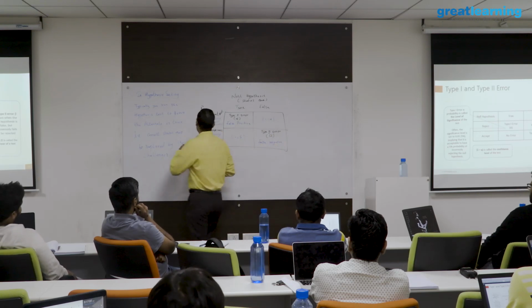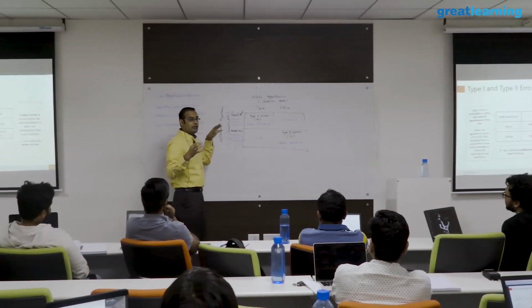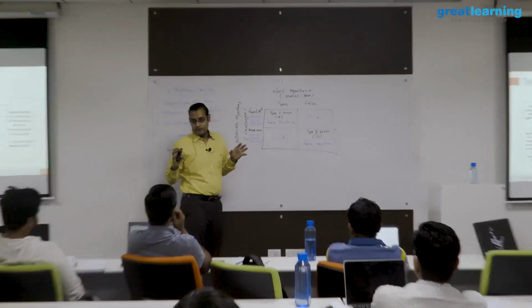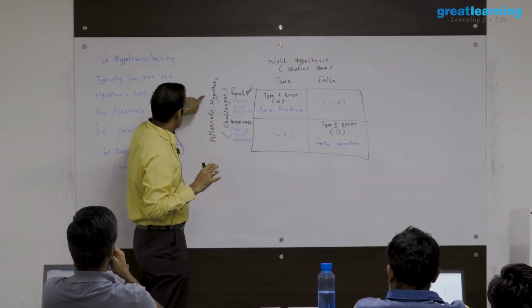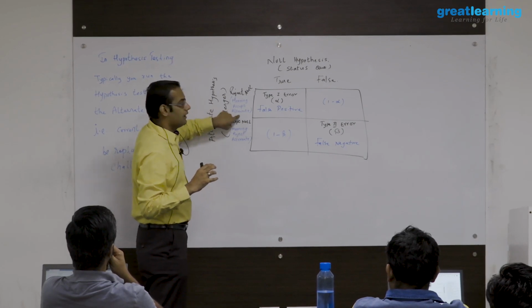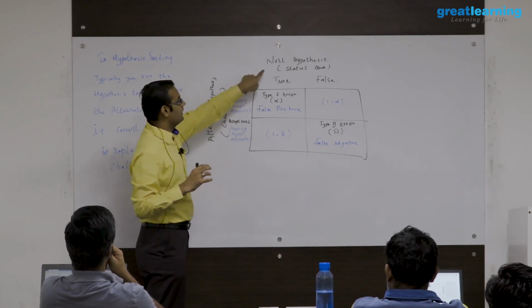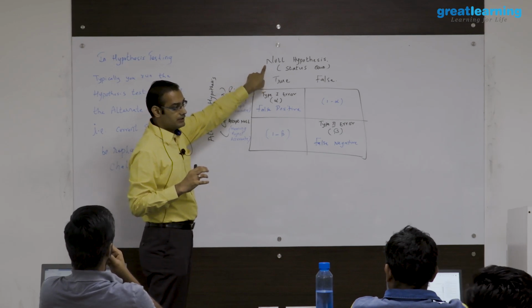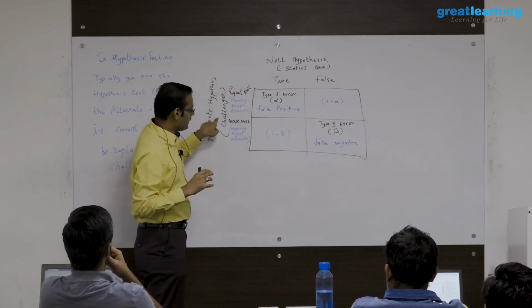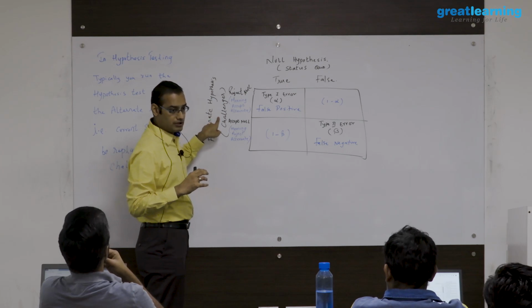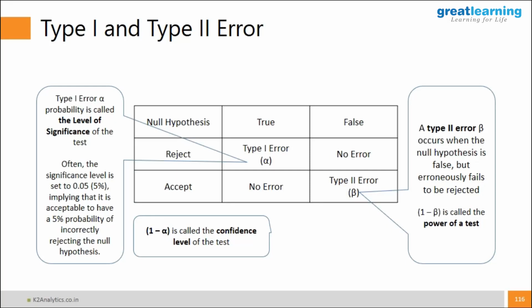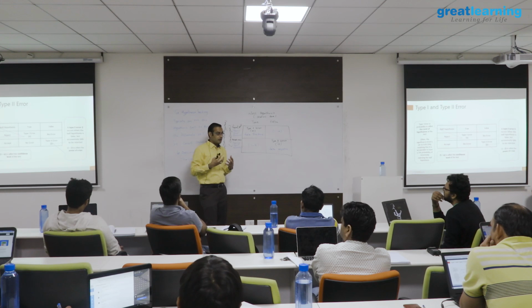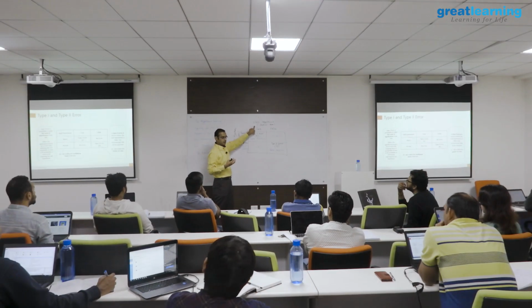One is that, based on the evidence I have collected, the evidence suggests that the alternate is better, that the challenger is better than the champion, the status quo. The new thing I am suggesting is better than the status quo. Now the question is, at what confidence am I saying the alternate is better than the status quo?